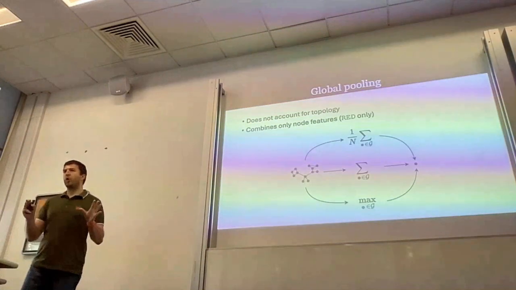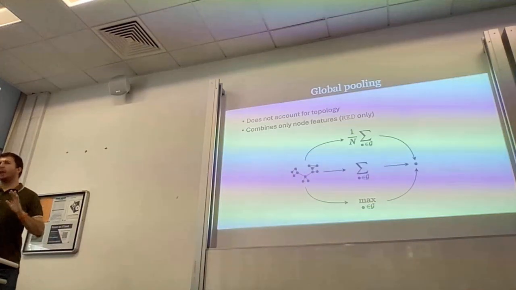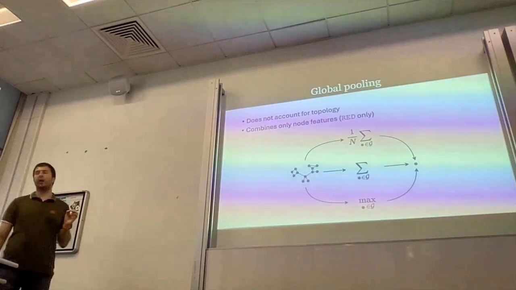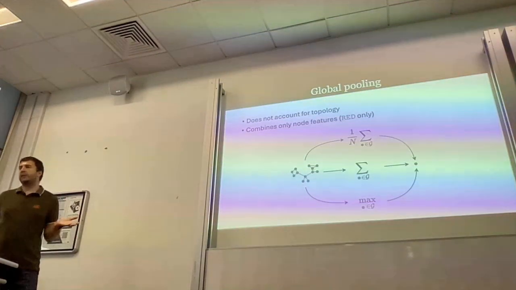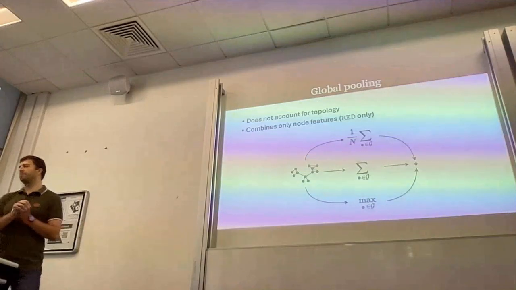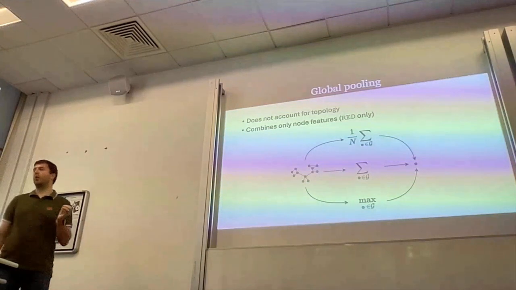But before going to the more complex hierarchical pooling operators, let's just discuss the simplest one, which is the global pooling. So global pooling takes all the nodes of a graph and just combines them, okay? In doing this, it does not account for topology.